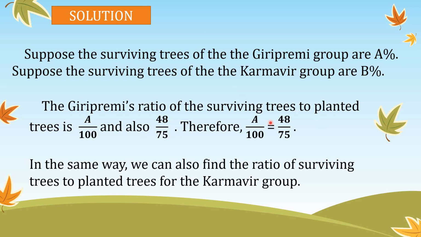Therefore, A by 100 is equal to 48 by 75. In the same way, we can also find the ratio of the surviving trees to planted trees for the Karmavir group.